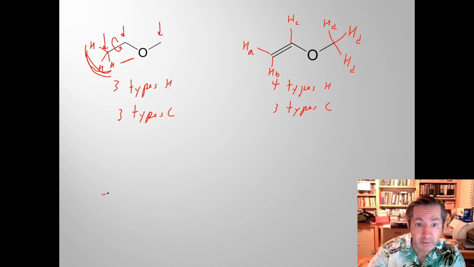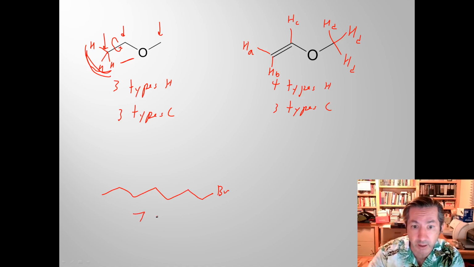And if you're looking at even a compound like this, you actually have 1, 2, 3, 4, 5, 6, 7 types of carbon here, because those carbons are farther and farther away from that bromine. They feel the effect of that bromine a little bit less.